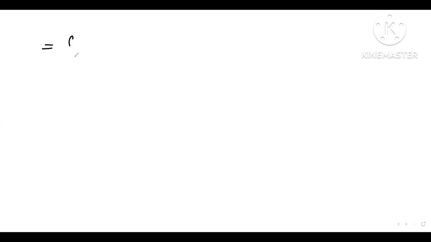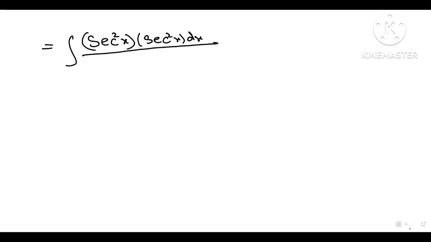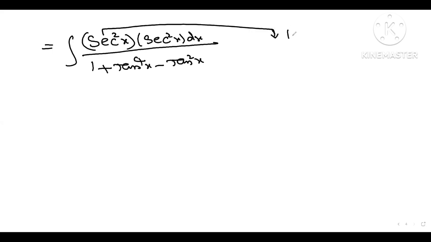Integral: so secant to the power 4, in place we write secant square x into secant square x, upon, here, what is there in the denominator? 1 plus tan to the power 4 minus tan square x. Here we have secant square x, one trigonometric formula, 1 plus tan square x. So we should write secant square x in place as 1 plus tan square x.